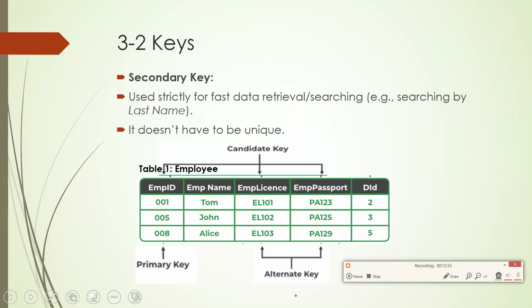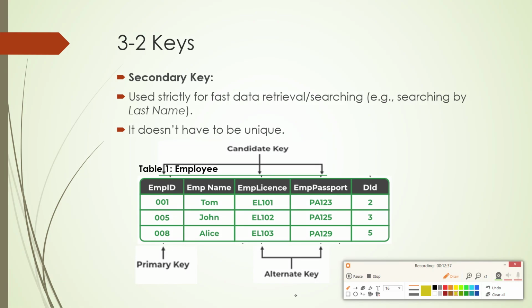Now what is secondary key? Secondary key is a concept which is quite different from the primary and alternate keys. It could be any attribute based on which you want to search the database.